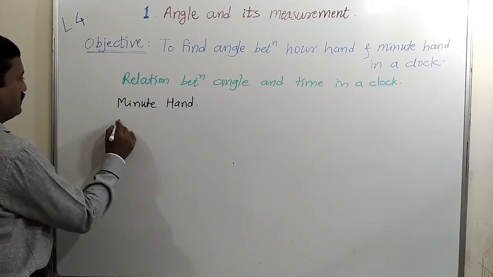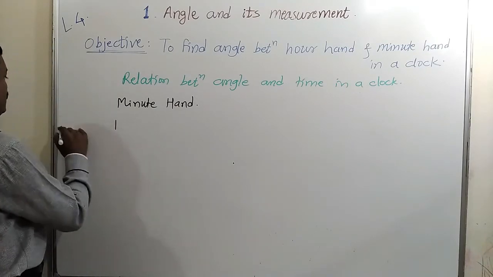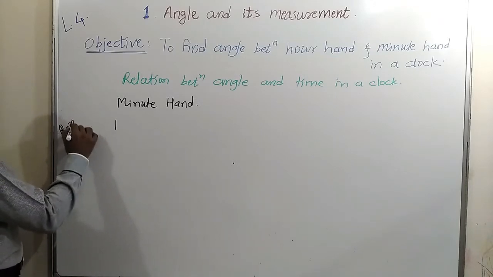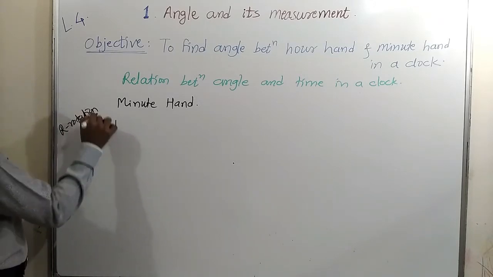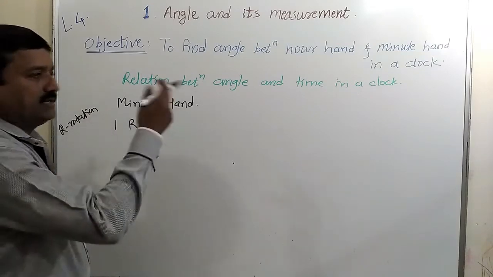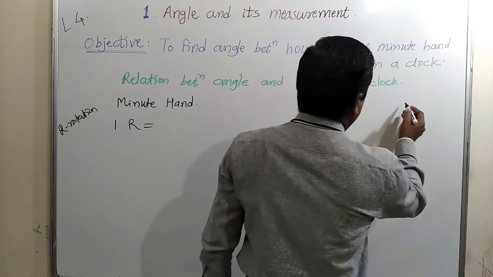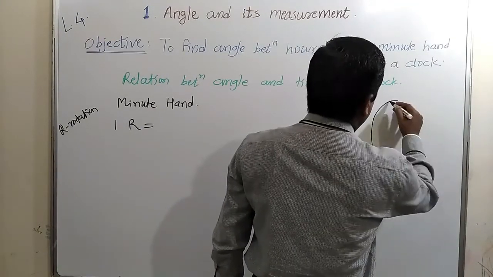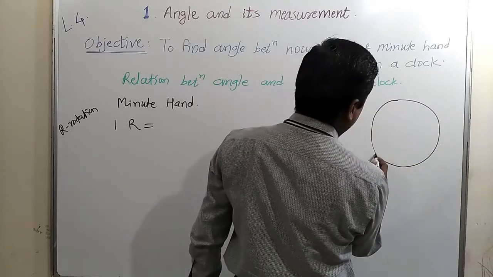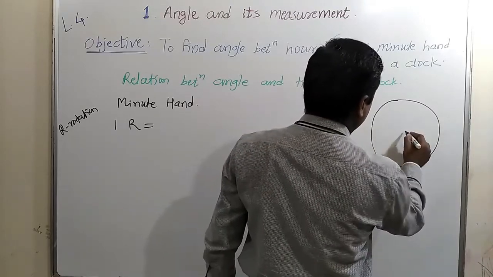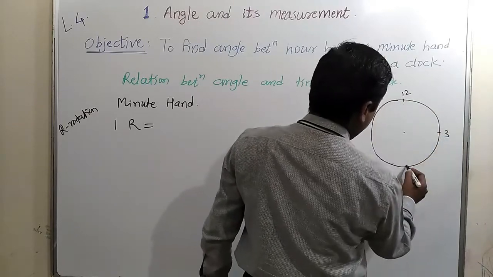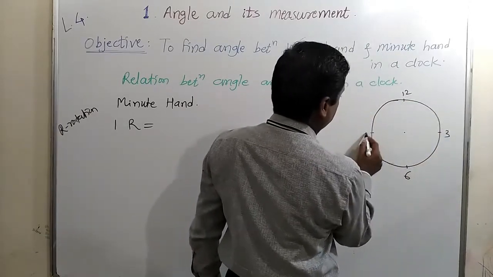For one rotation, here R means rotation. So one rotation is whenever the minute hand completes one complete circle. Suppose this is a clock.